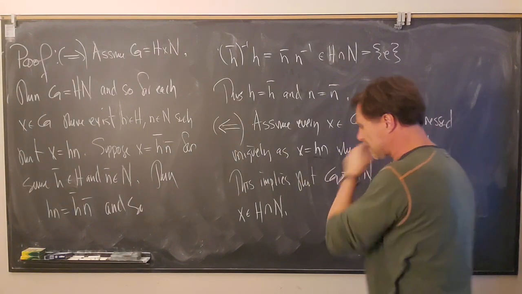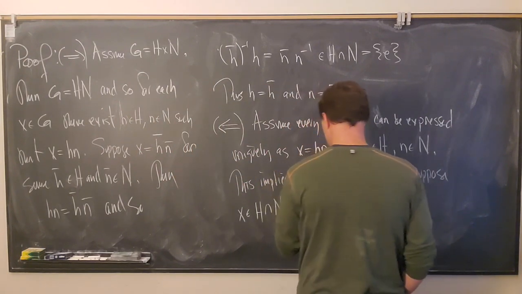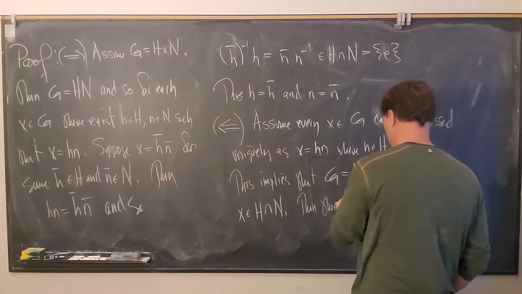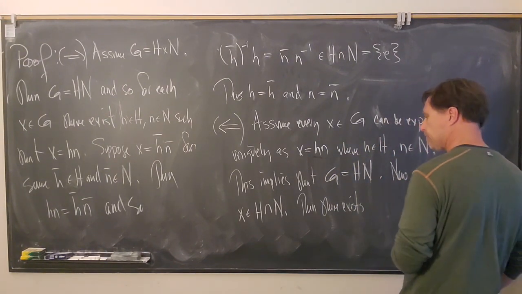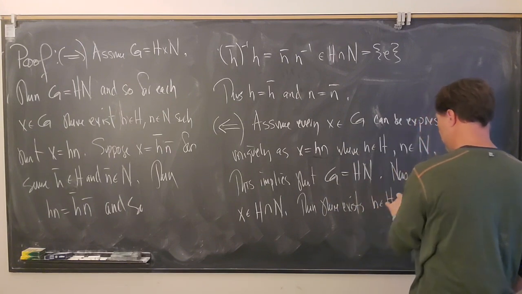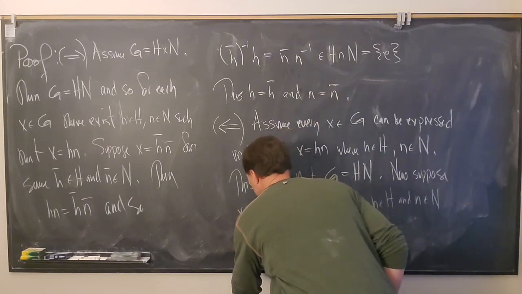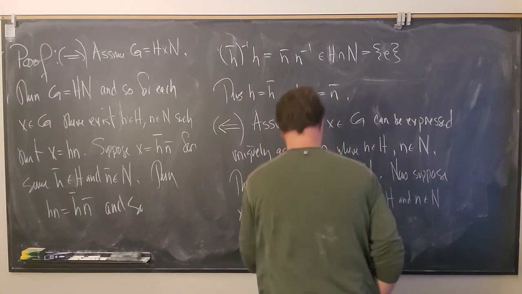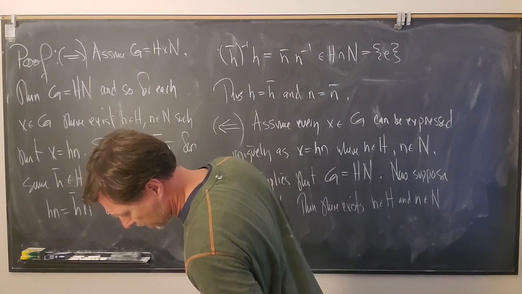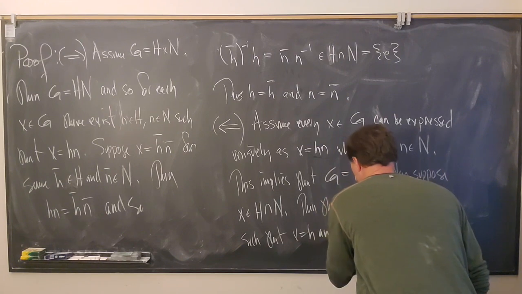So suppose x is in H intersect N. So then there exists h in capital H and n in capital N, such that x equals h and x equals n.